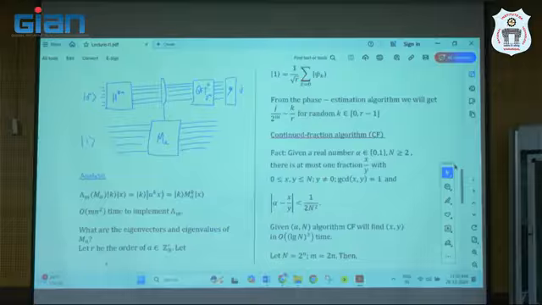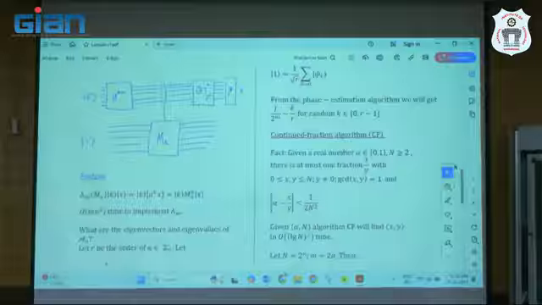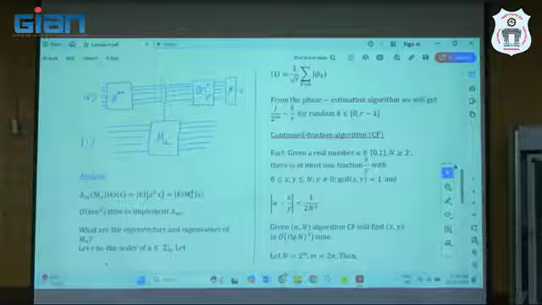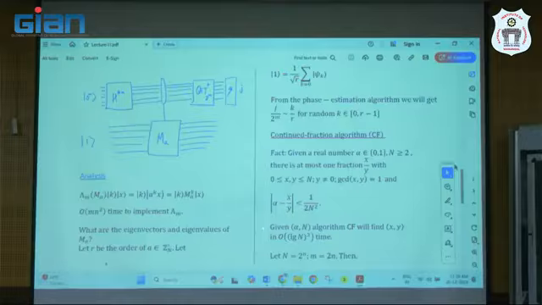So, given alpha comma n, now this is the algorithm. What is the algorithm? Given alpha comma n, the continued fraction algorithm, CF, will find x y in order log n cube time. Correct? So basically, given a real number alpha, it will give you a good rational approximation for it, in the simplest form.